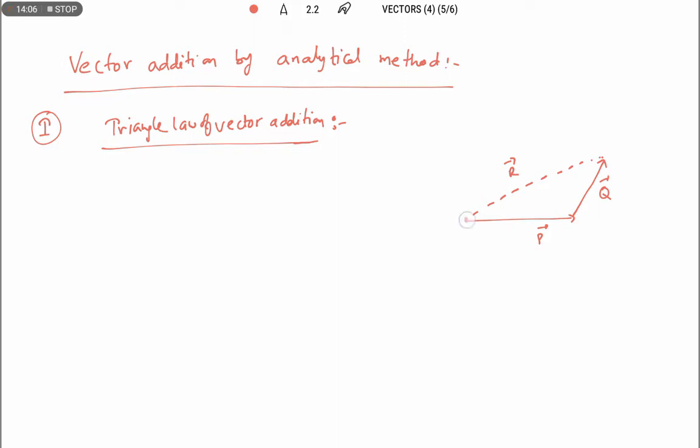Now let us take the resultant vector makes an angle of theta with p bar. So this is OAB. So OA is equal to p bar, OB is equal to q bar.